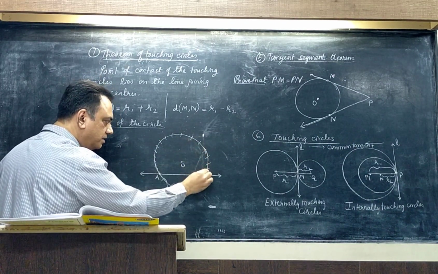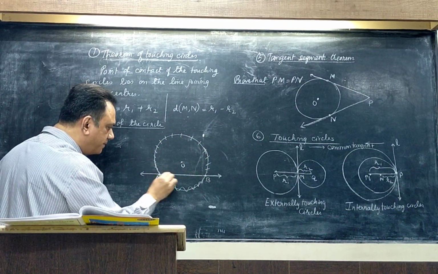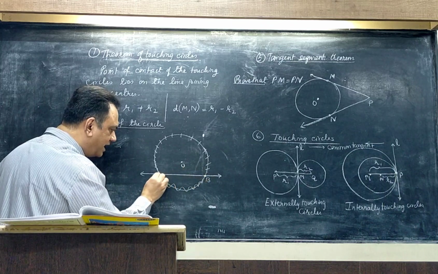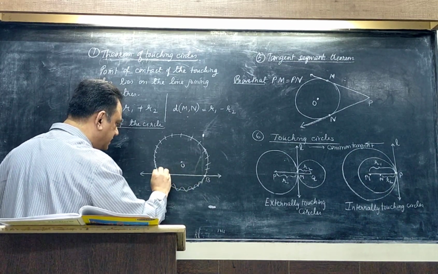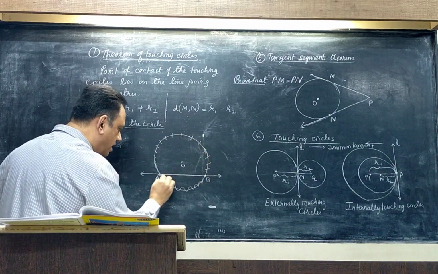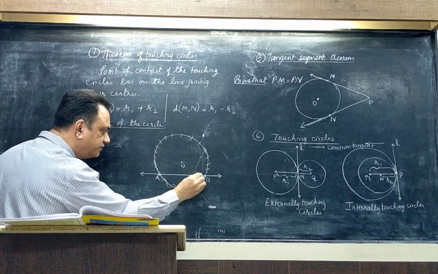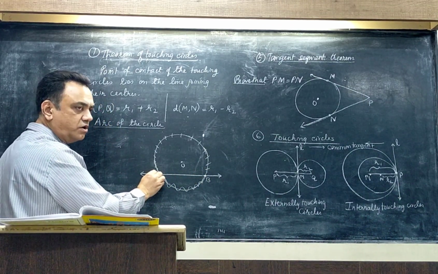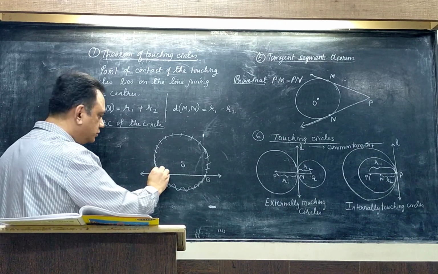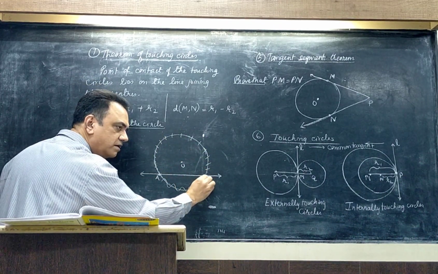Each part, including the common points of the circle and the secant, is called an arc of the circle. So this part is an arc, this part also is an arc.